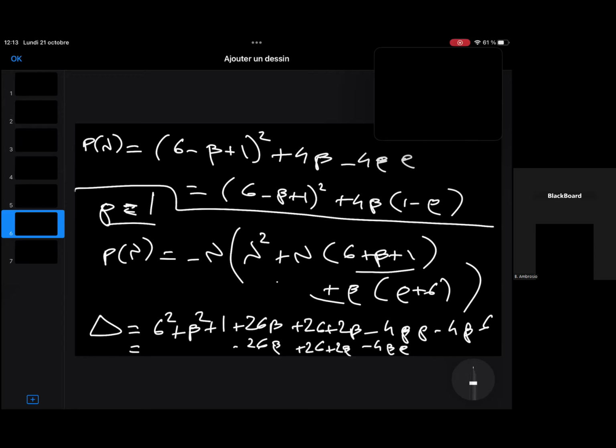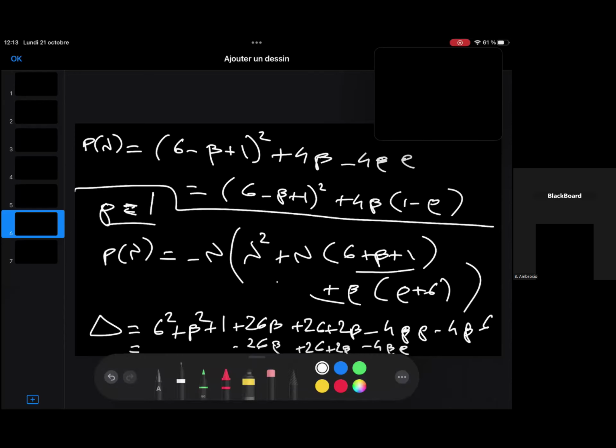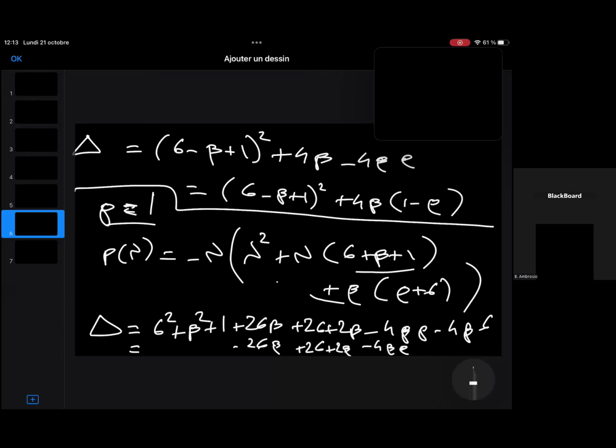And this is not p lambda, of course, but it's the delta. Well, so when rho equals 1, this is clearly positive.